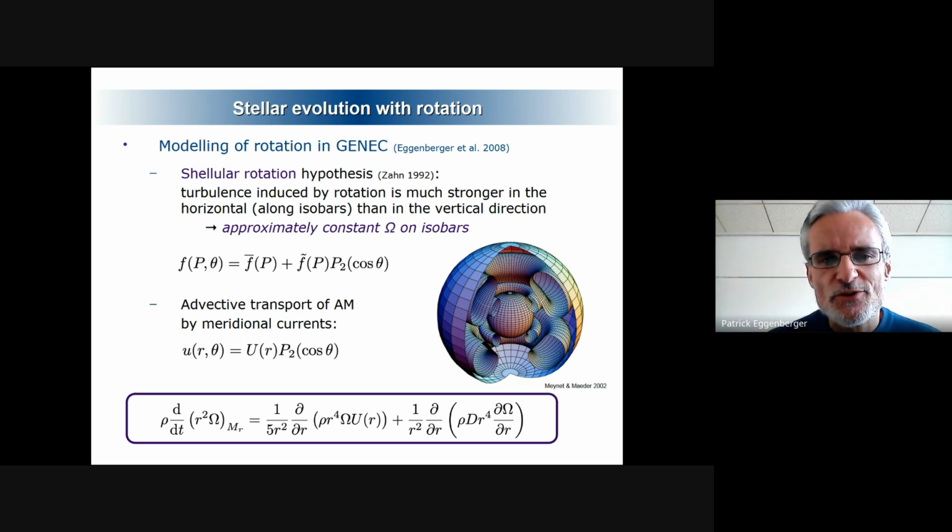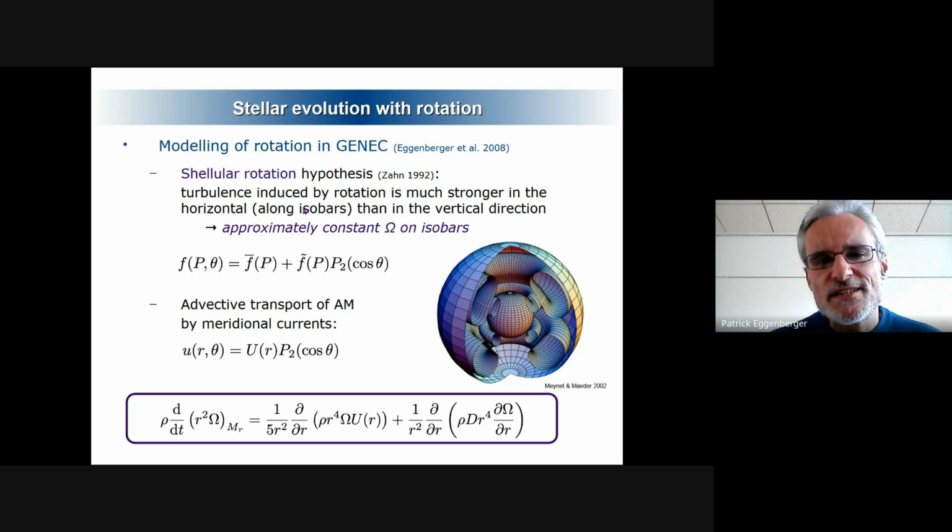So this is the key hypothesis that we are using here to include the effect of rotation: we can have some turbulence related to the instability of rotation, but of course, it's much easier for matter to go along horizontal surfaces, or along the shells, than vertically. So this means that we have a turbulence that is highly anisotropic, and it's much, much stronger in the horizontal than in the vertical direction, due to the stratification, both thermal stratification and chemical stratification.